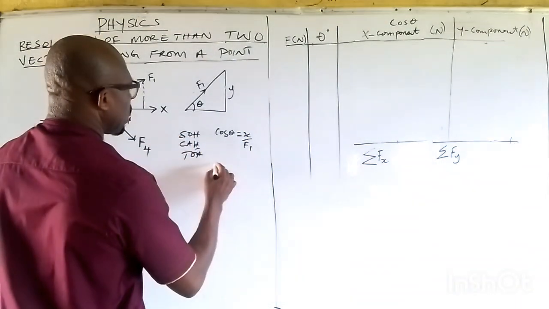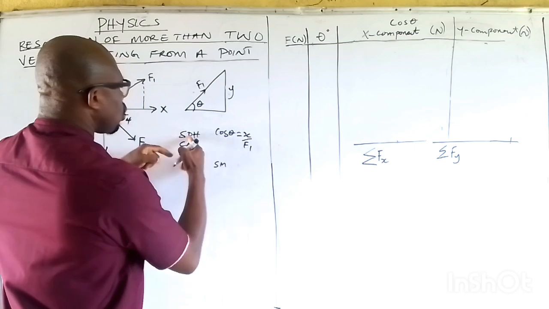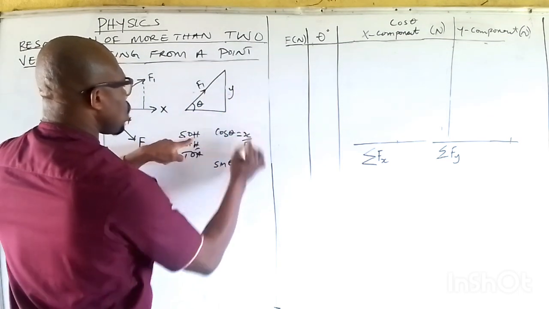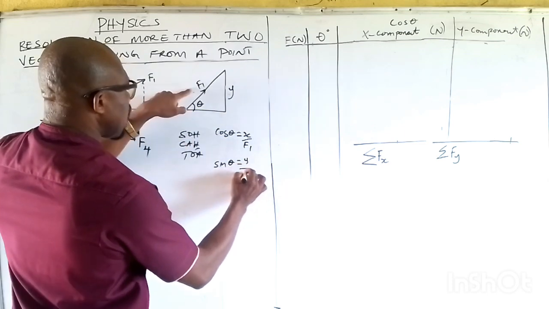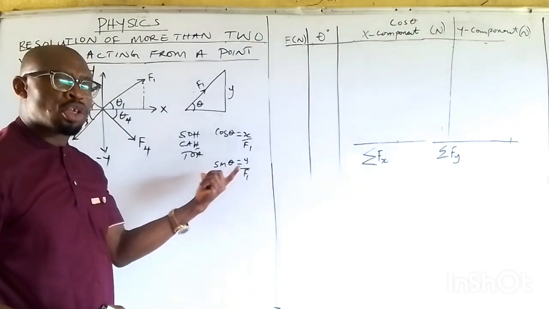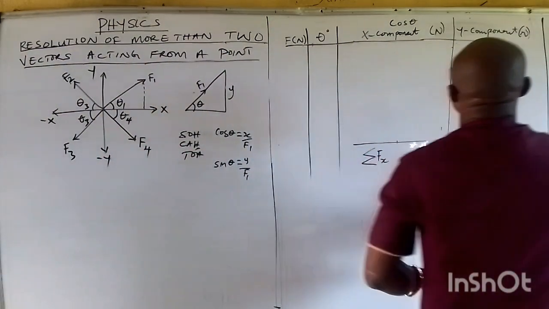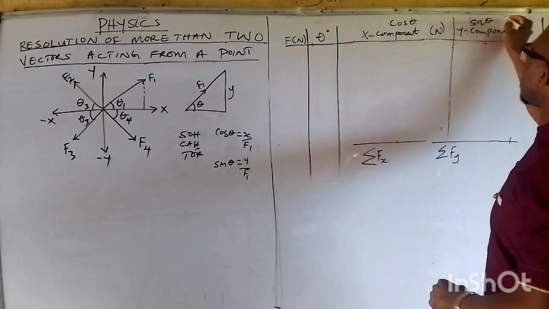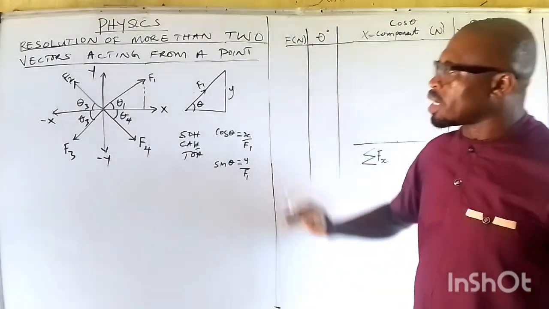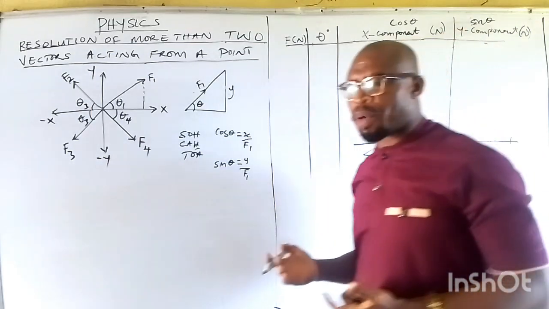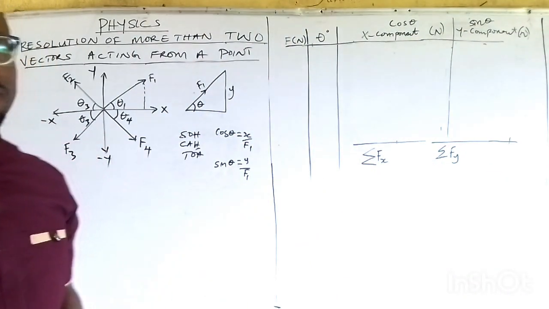So sine theta is opposite, which is y, all over hypotenuse, F1. In other words, if we want to resolve along the vertical axis or the y-axis, we have F1 sine theta. Having completed this, let us now take 1 or 2 calculations to help us in what we are doing.